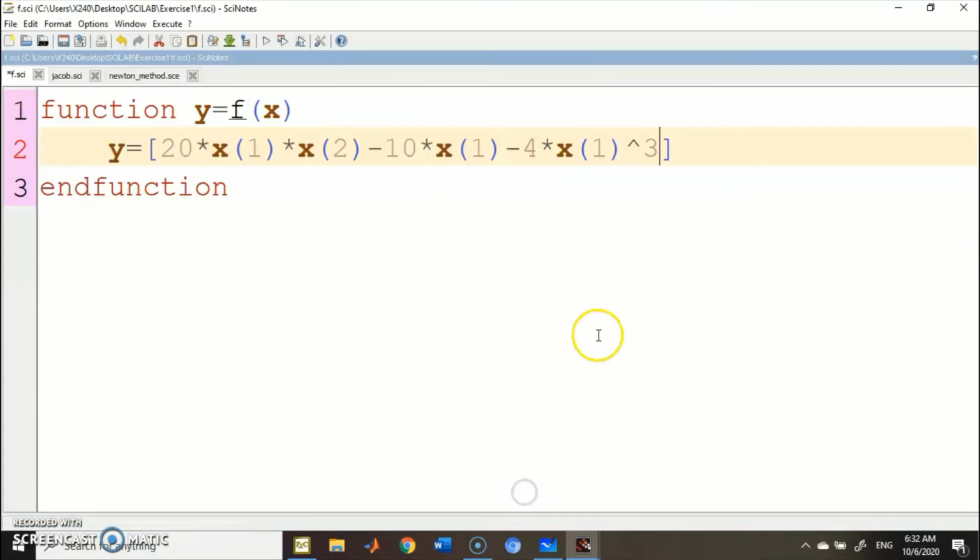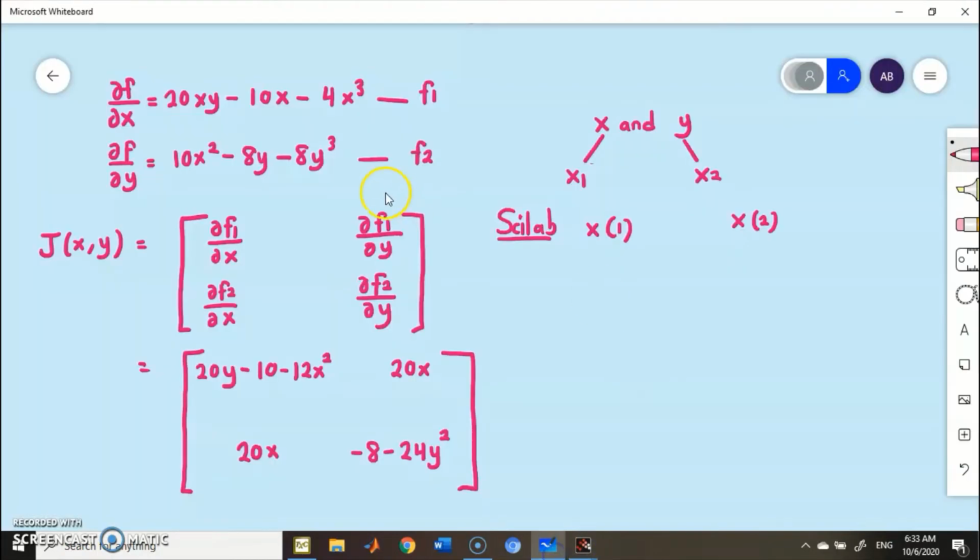Okay, that's it. And then separate with the semicolon to go to the second row. Here we have 10 times x1 squared minus 8 times x2 minus 8 times x2 power 3.